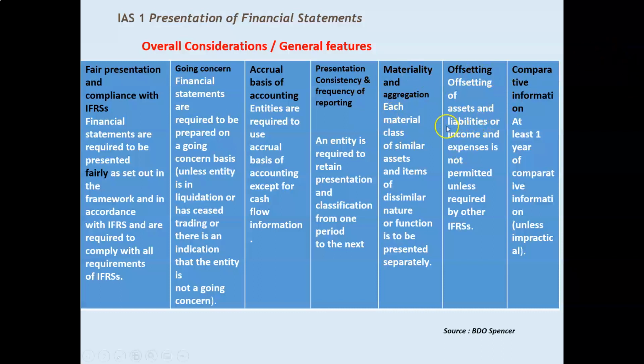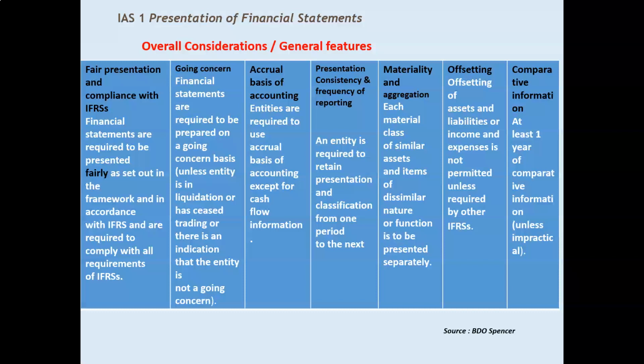Remember the old matching concept? We want to see if I spent 100 rand, did I make 120 rand worth of income, which gives me a 20 rand profit? Or did I spend 100 rand and only make 50 rand out of that, which gave me a loss of 50 rand?